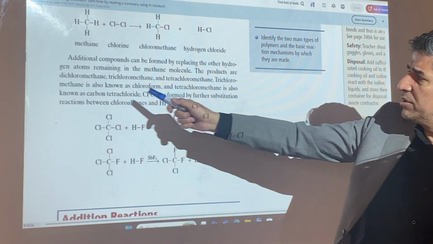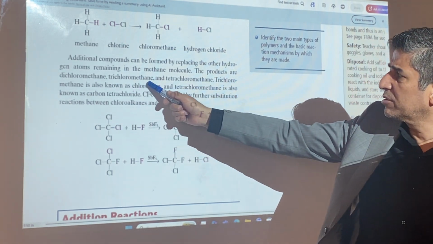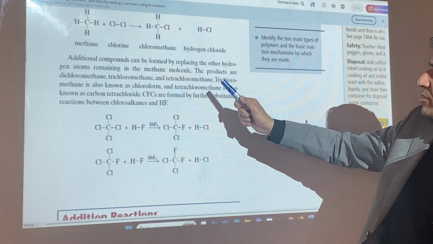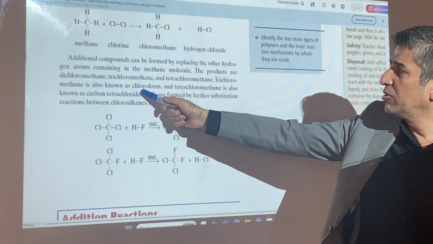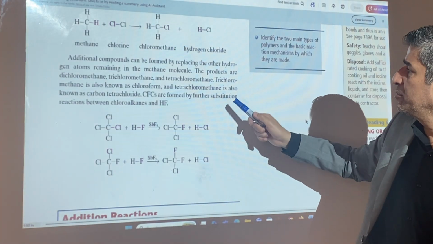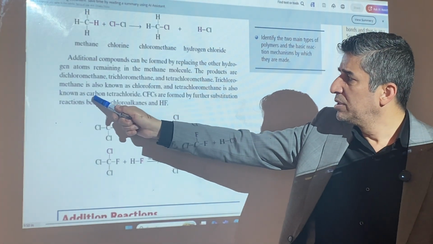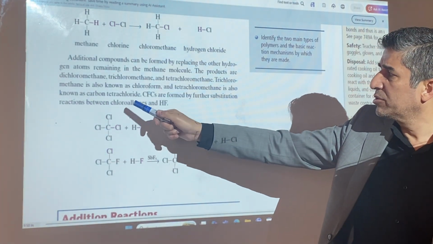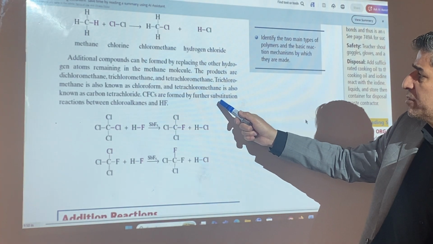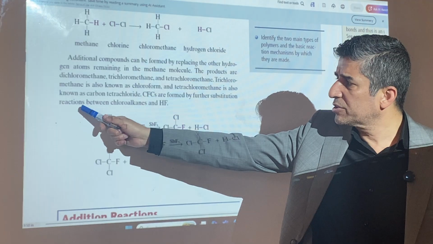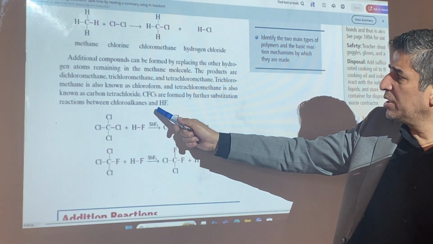The products are dichloromethane, trichloromethane, and tetrachloromethane. Trichloromethane is also known as chloroform, and tetrachloromethane is also called carbon tetrachloride. CFCs are formed by further substitution reactions between chloroalkane and HF.